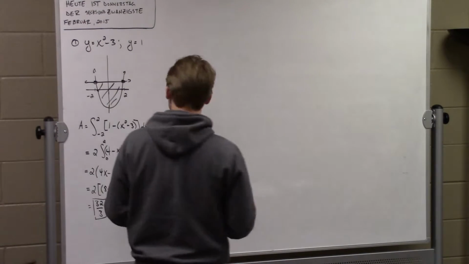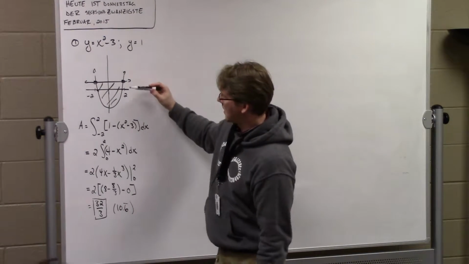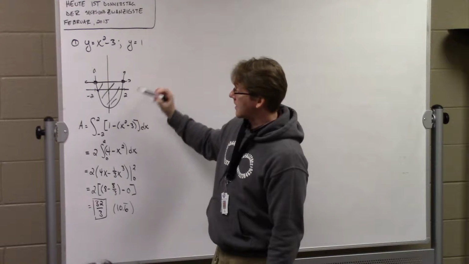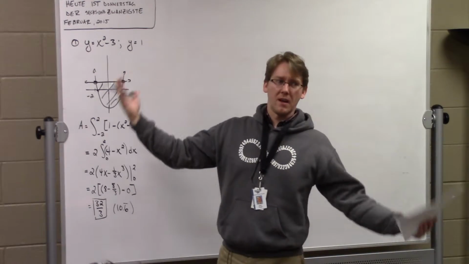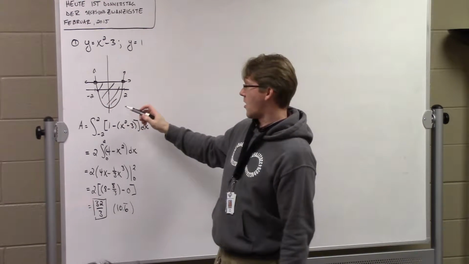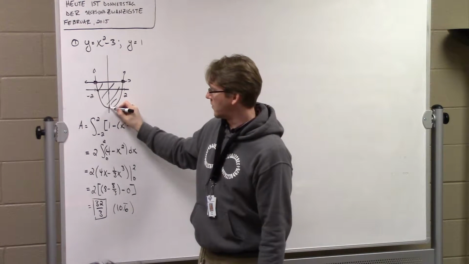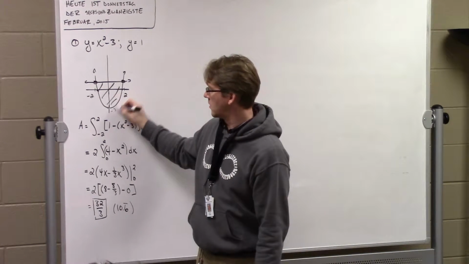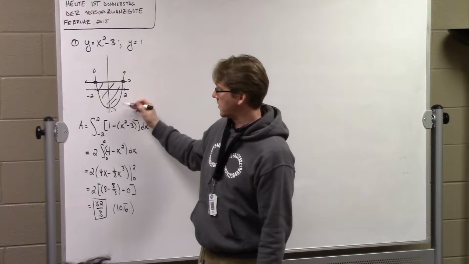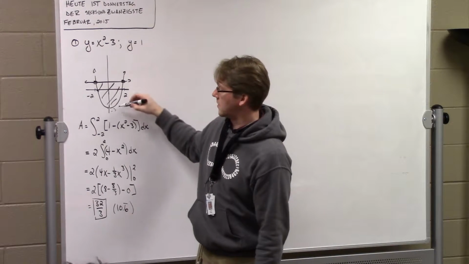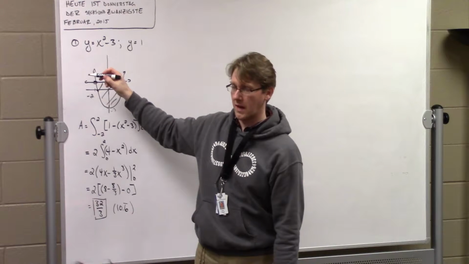You'd think. The problem with turning it sideways, yes, if you feel like making that kind of heartache for yourself, if you turned it sideways, you'd go from -3 to 1. Your top function would be the positive root of this, and the bottom function would be the negative root of that.